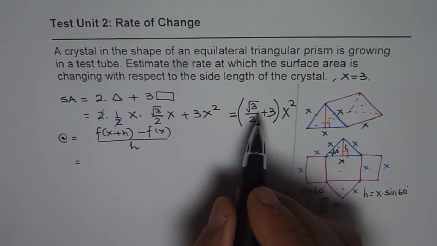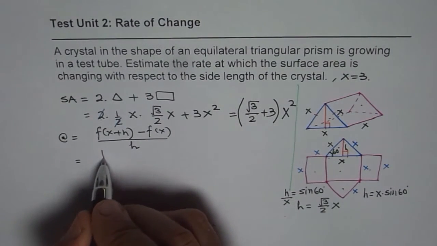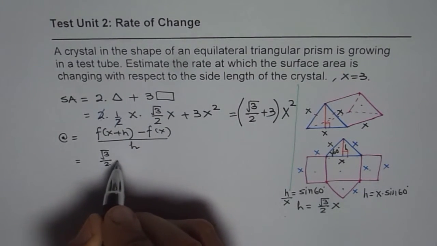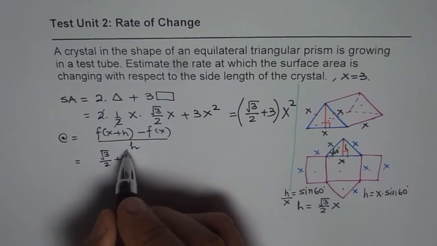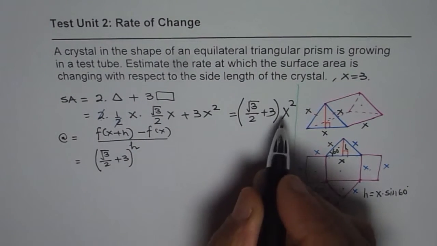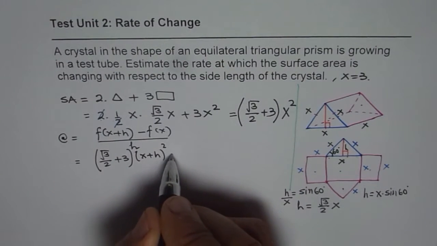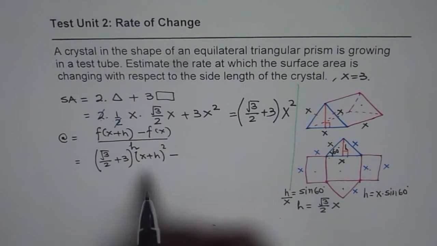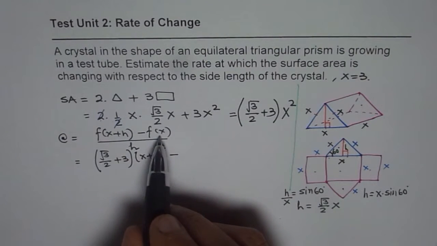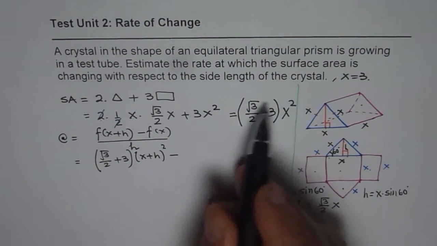Now we have all this, which is (square root 3 over 2 plus 3) times (x plus h) whole squared. So that is the first term, minus f of x, which is how much? f of x will be this whole thing, right?